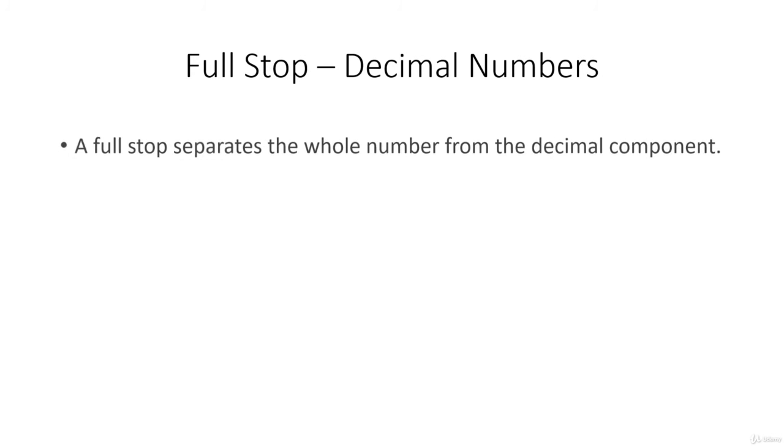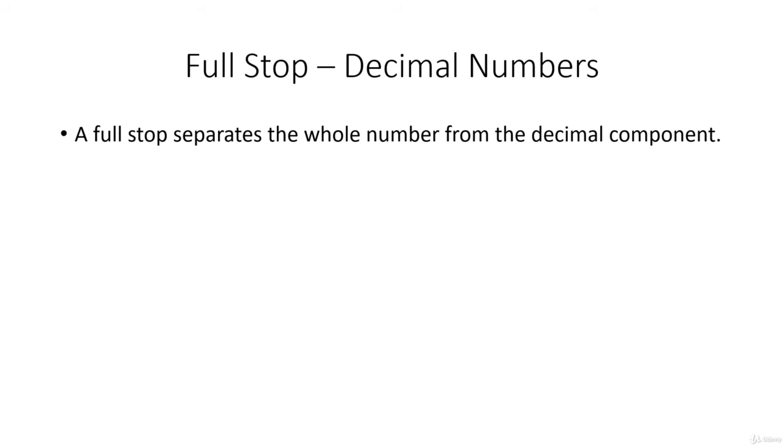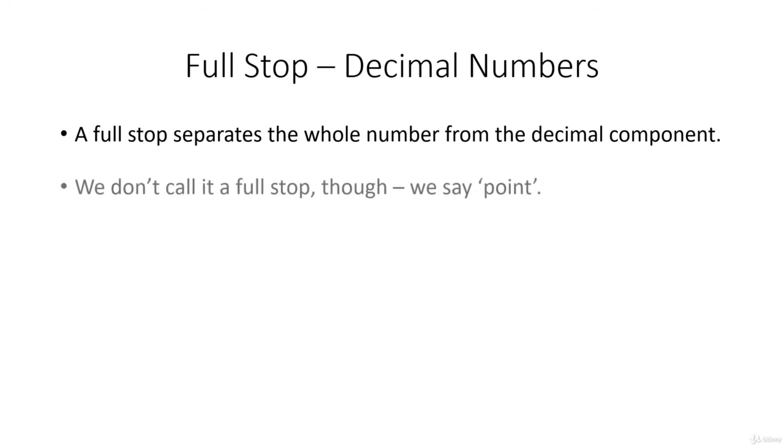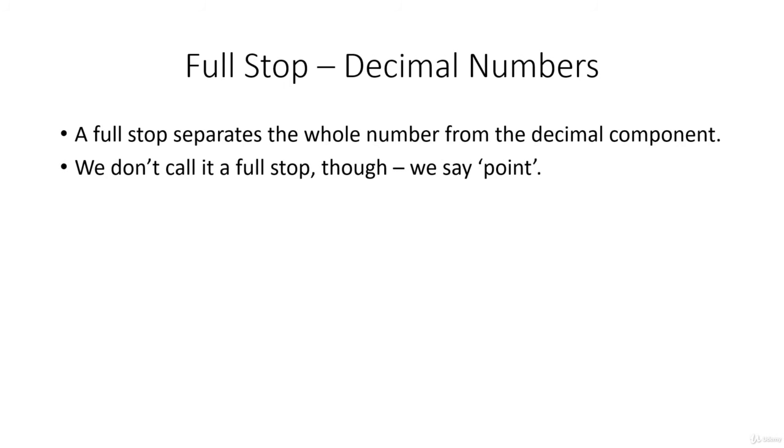And full stop's also used in decimal numbers, and the full stop separates the whole number part from the decimal number part. And in this particular case, we don't call it a full stop, we say point, and we'll see in the examples. So 1.5 plus 3.2 equals 4.7. And someone could check this if they want to.